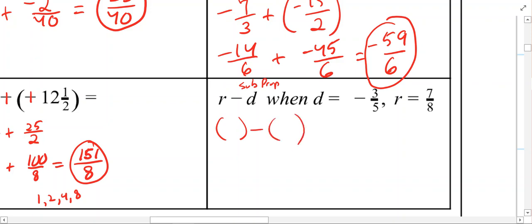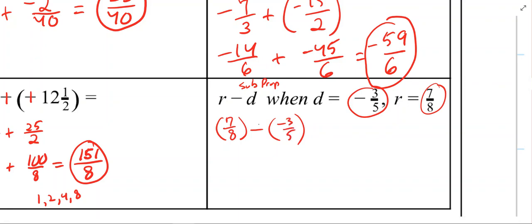And the last one, using substitution property, we always use parentheses. And it's becoming clear why we do this, so make sure you use them. R is 7/8, and D is negative 3/5. We use additive inverse, and now we are going to make like denominators. 40 is our number. 5 times 8 is 40, so 7 times 5 is 35.